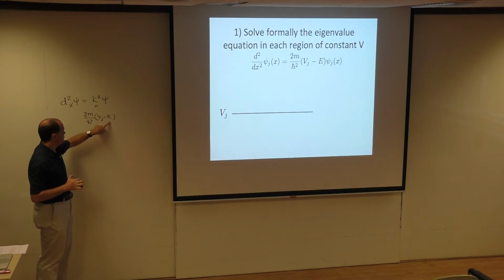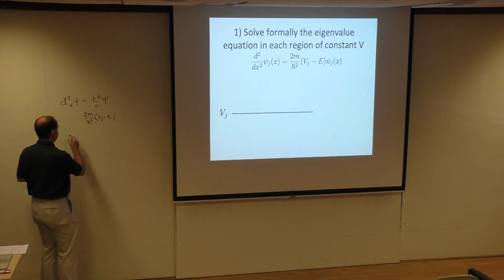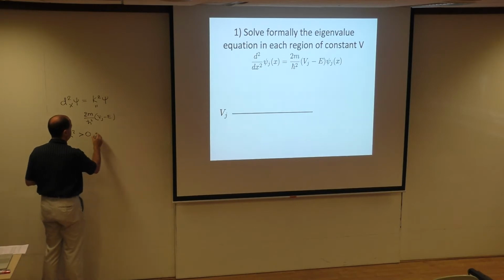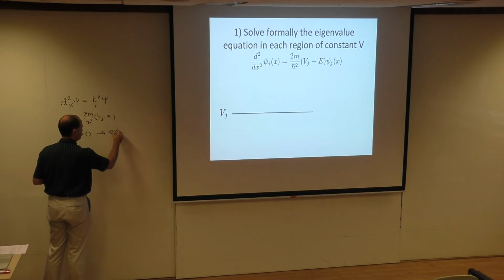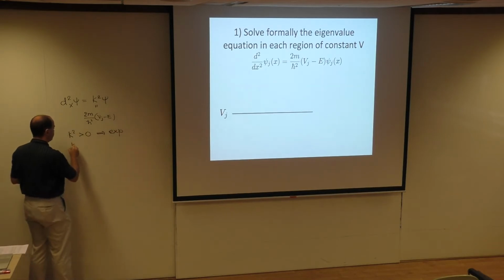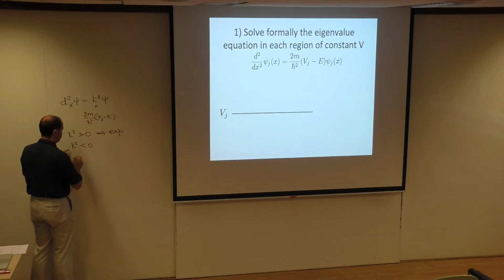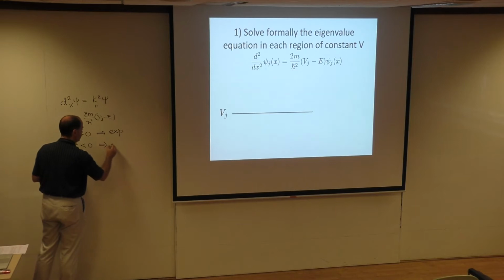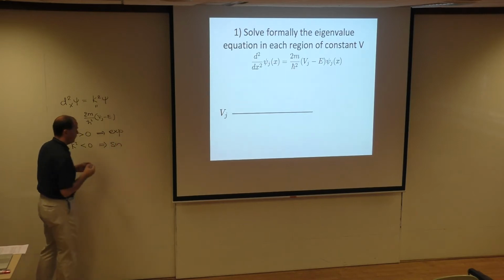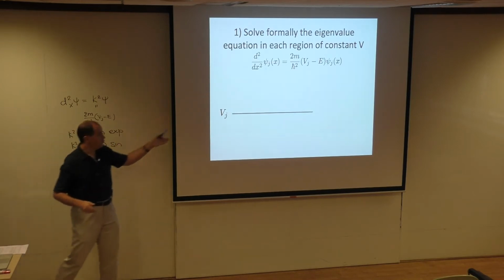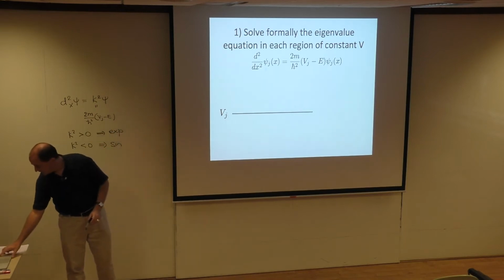So if k squared is positive, then we have the equation of exponentials. If k squared is negative, there would be an i, so then this would be the equation of sinusoidal functions. Okay, so that's what we are going to see now on the slide.